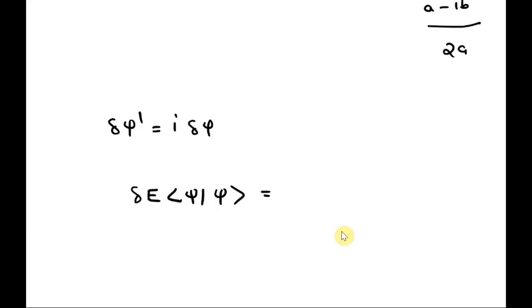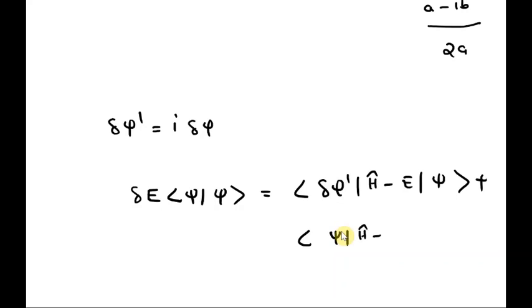This is going to be equal to <delta psi prime|(H minus E)|psi> plus another term, <psi|(H minus E)|delta psi prime>. These are the two terms.